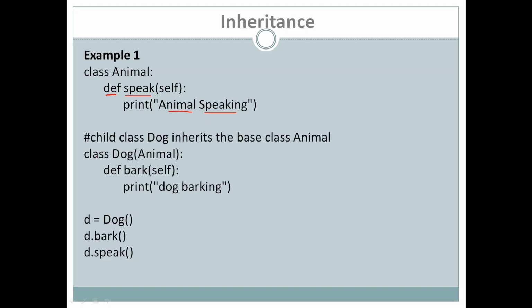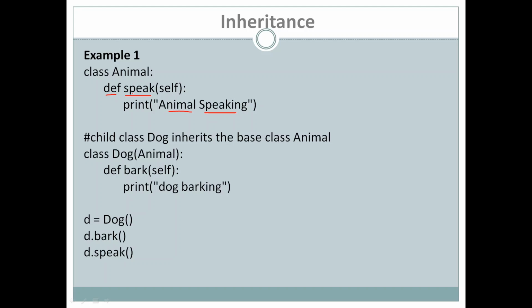Now we want to define one more class called dog, and the dog class should inherit the properties of the animal class. Now what are the properties of the animal class? The animal class contains only one method, the method is speak. So the dog class wants to inherit that speak method.